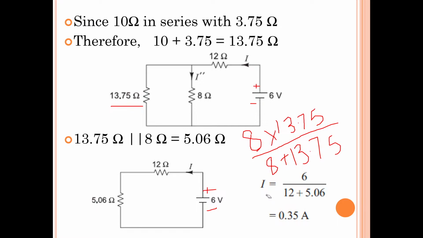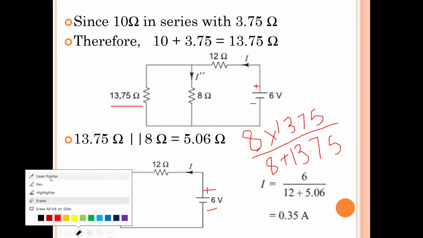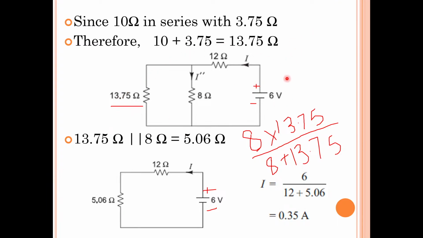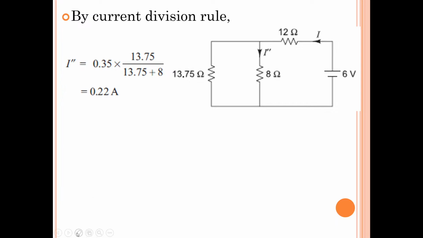Now let us determine the I double dash current that is flowing through the 8 ohms resistor. Take the same circuit and redraw it in the next slide. Here the equivalent resistance opposite to the 8 ohms resistor is 13.75 ohms.